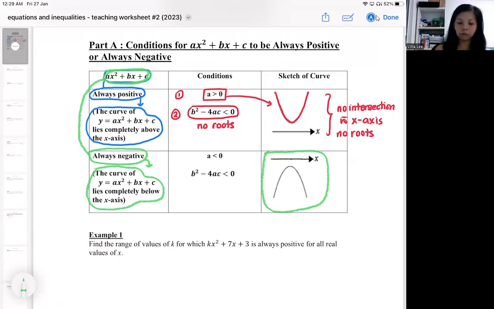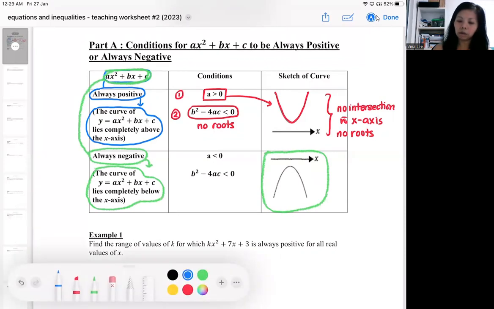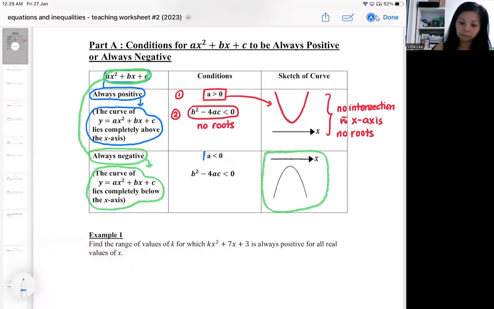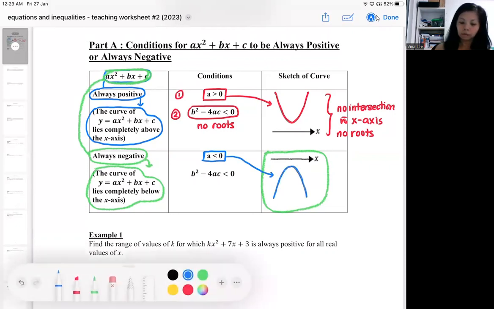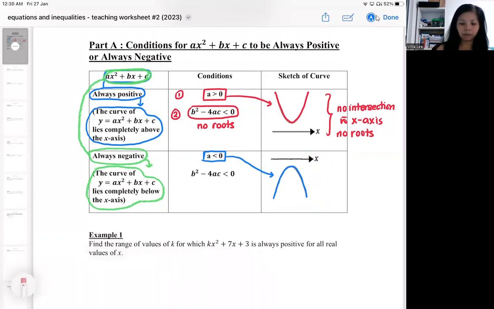What are the conditions for this? The condition will be A negative. A negative will ensure a sad face graph.